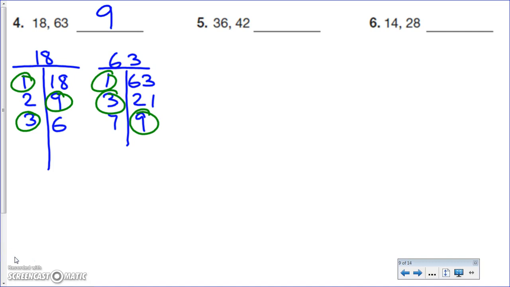For 5, we have 36 and 42. So the first thing we're going to do is list the factors for each number.